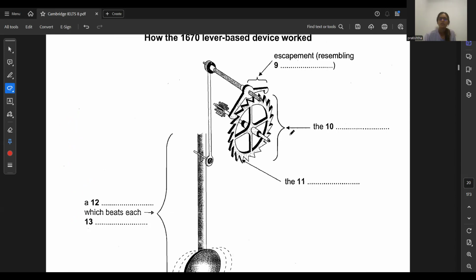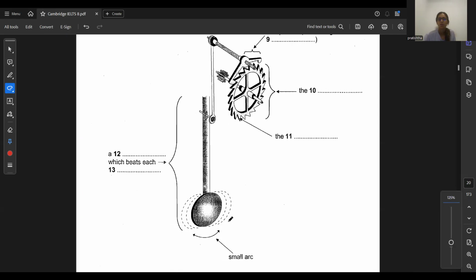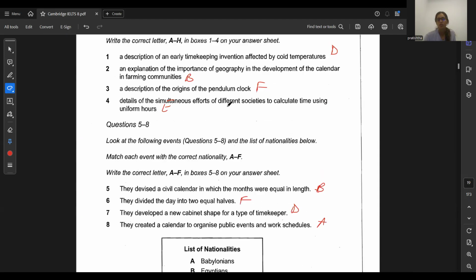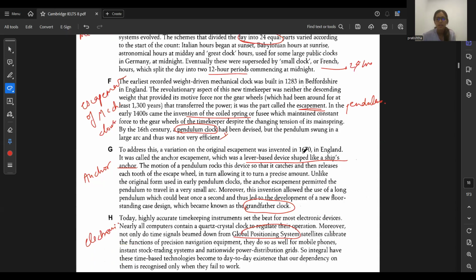Now we have this. If we remember how they explained the small arc, and how they talked about the 1670 lever-based device. So if we take a look here, this paragraph is important because it talks about the pendulum, right? So let's quickly read it again.